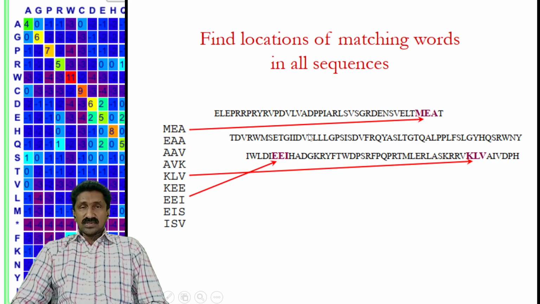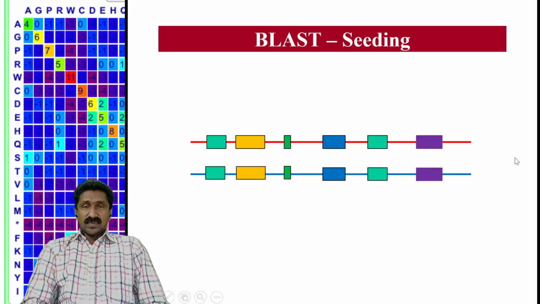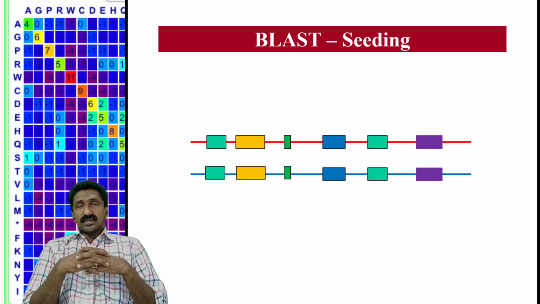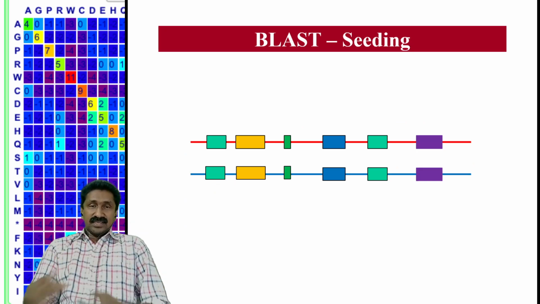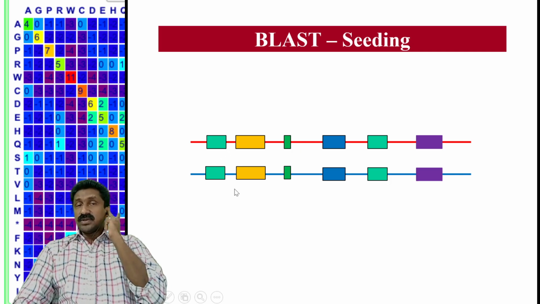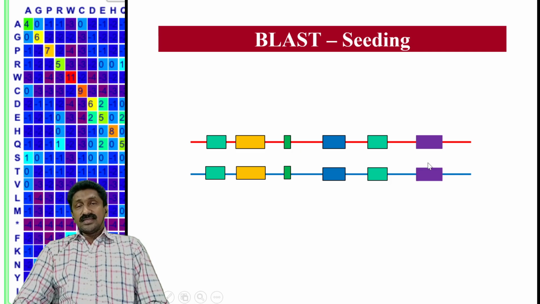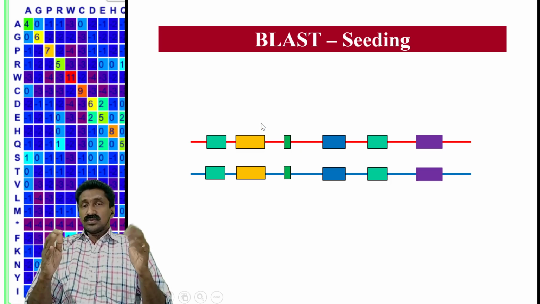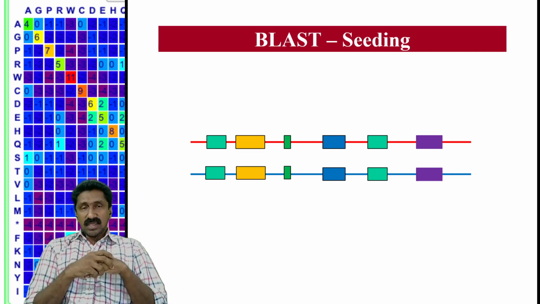And once the sequences where some matches are there are identified, they will be aligned. So the result after the process of seeding is that if there is a match in the database sequence with your query word, in that region it will be aligned. These sequences are known as high scoring segment pairs, HSPs, because they are very highly conserved regions which have a direct match in the sequence.